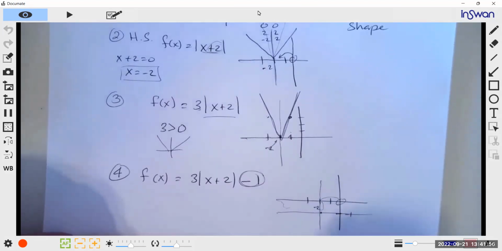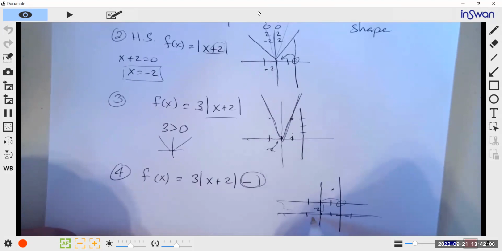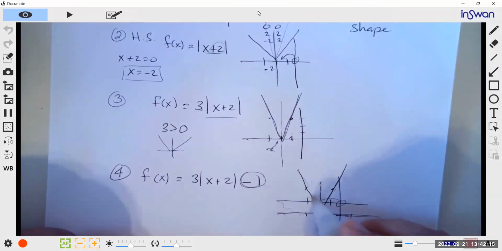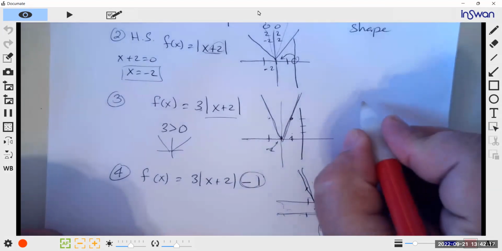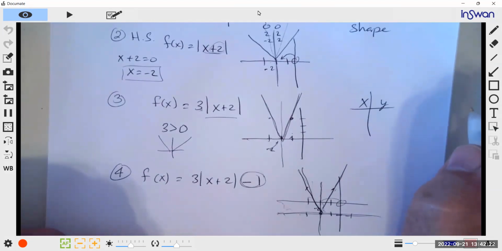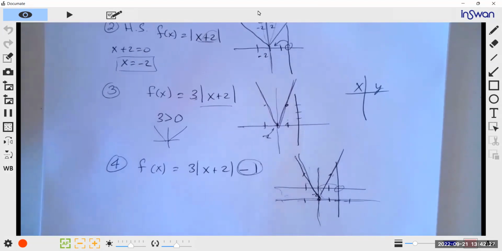So there's my new origin. That's my new graph. Okay, the graph still is the same: we go over 1, up 3, over 1, up 3. If you can't see it, you have to plot some points. After you see the graph, you have to plot the points to get the accurate graph, because it's going to ask you to plot a couple of points.